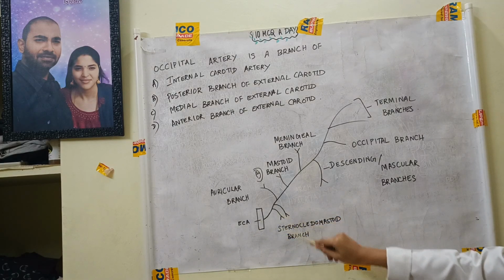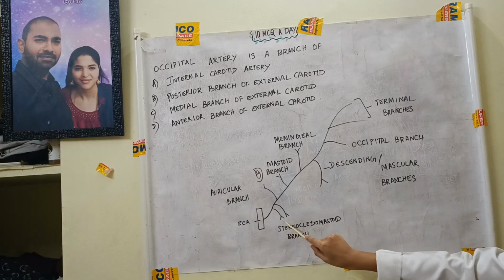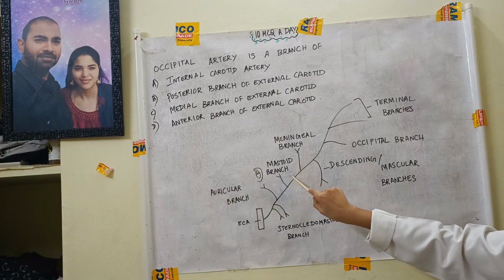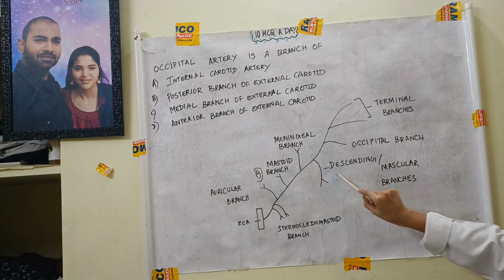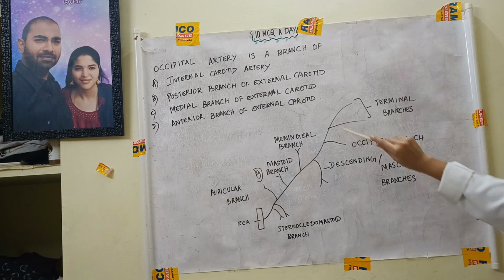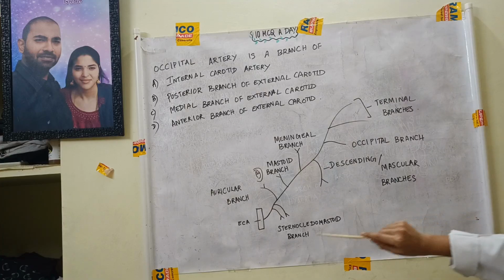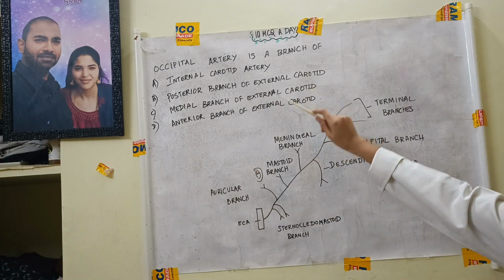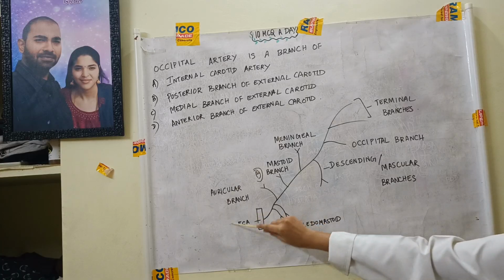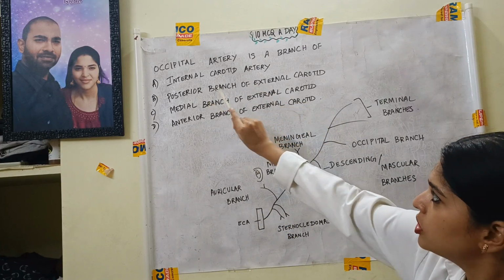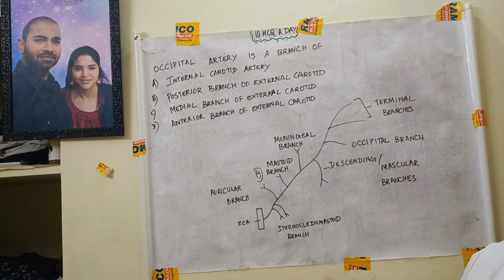It gives sternocleidomastoid branches, auricular branches, muscular branches, occipital branch, and terminal branches. So finally we have to know that the occipital artery is a branch of external carotid artery. So the correct answer is posterior branches of external carotid artery.